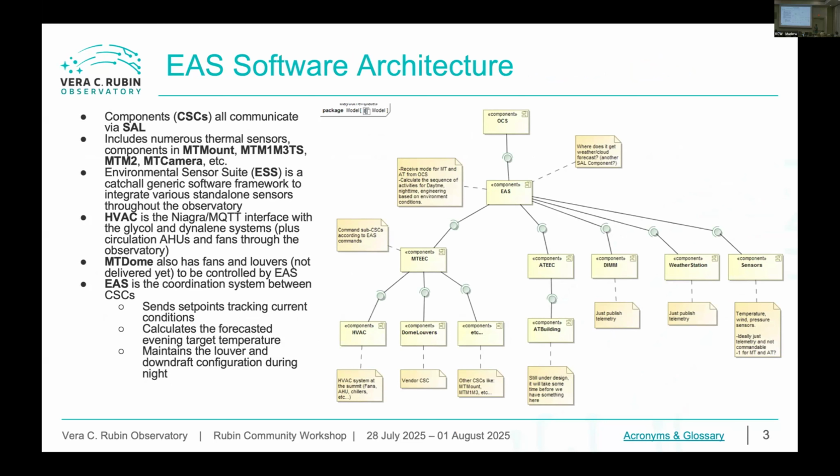And under that is the EAS, which distributes and coordinates between the various hardware systems. The EEC, the environmental control of the dome, which is now called the HVAC system.